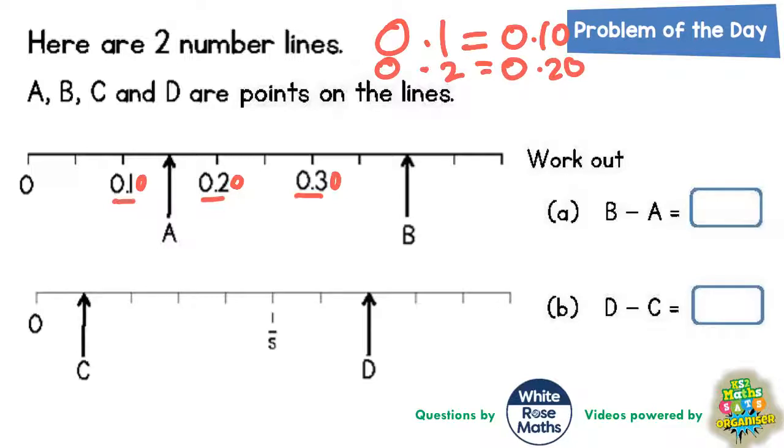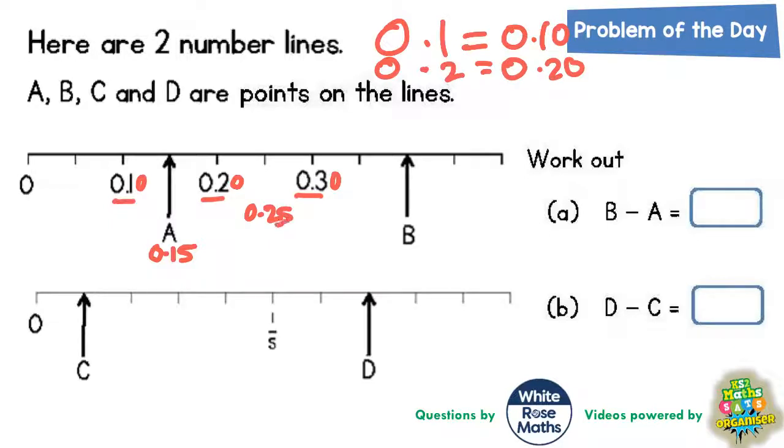And then halfway between them would become easy, because halfway between 10 pence and 20 pence would be 15 pence. Which we would write as 0.15. And then halfway between 0.20 and 0.30, or 20 pence and 30 pence, would be 25 pence, or 0.25.